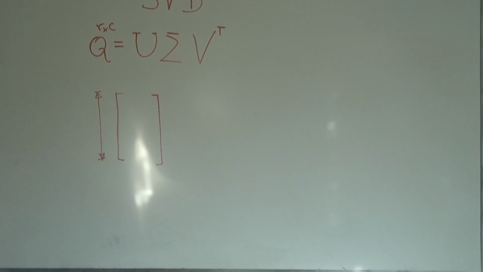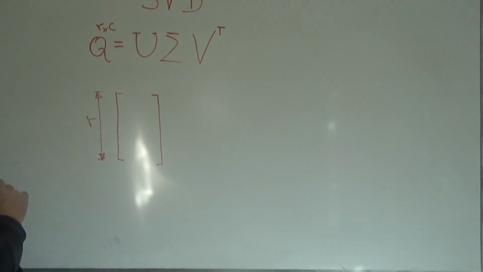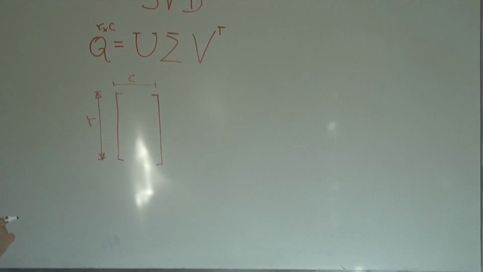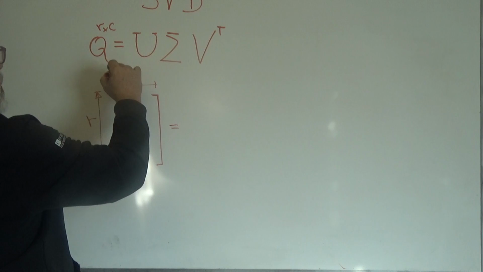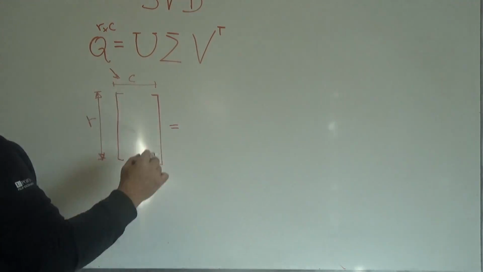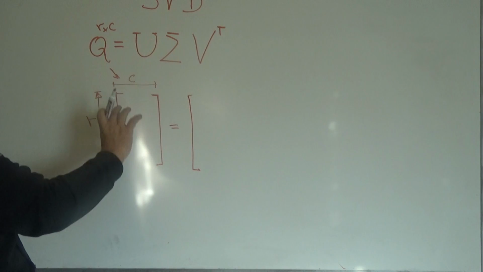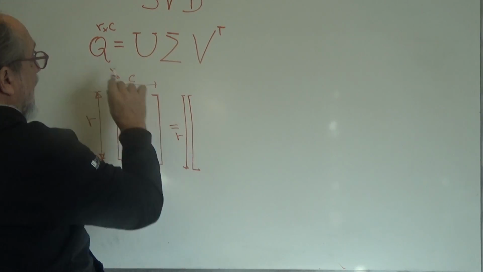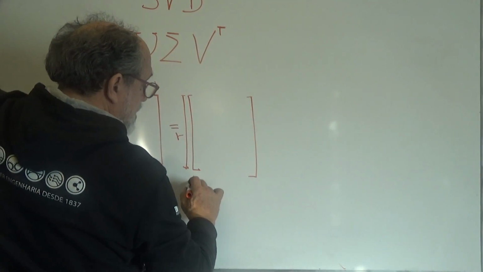Let me assume that Q is actually kind of tall, so it has more rows than columns. Then the singular value decomposition of Q is equal to a matrix U that by necessity of the product has to have the same number of rows as Q, and it is square by definition.